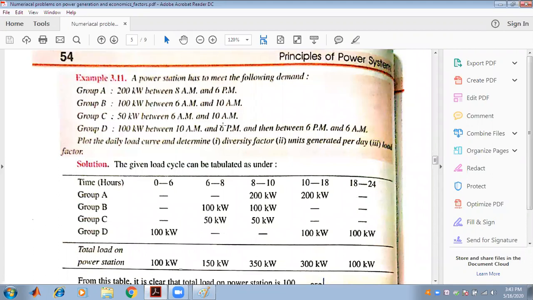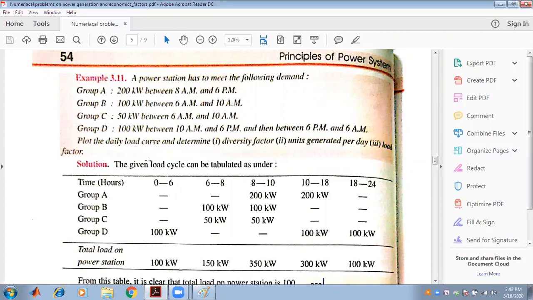Let us start with a new problem. A power station has to meet the following demand. Group A, 200 kilowatt between 8 a.m. and 6 p.m. Group B, 100 kilowatt between 6 a.m. and 10 a.m. Group C, 50 kilowatt between 6 a.m. and 10 a.m. Group D, 100 kilowatt between 10 a.m. and 6 p.m., and then between 6 p.m. and 6 a.m. Plot the daily load curve and determine the diversity factor, units generated per day, and load factor.